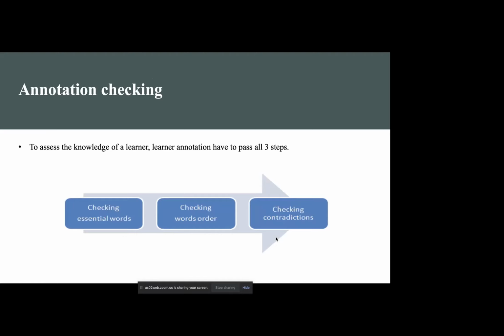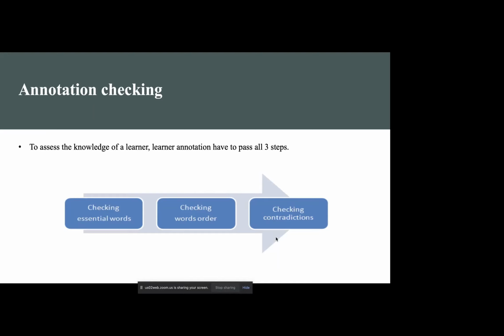In this, checking essential words is like when we create any sentence or a paragraph, it should be in a certain way of understanding, and we have a clear knowledge of what is the paragraph and what is the sentence.